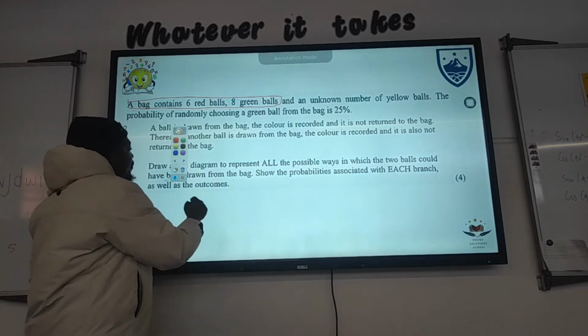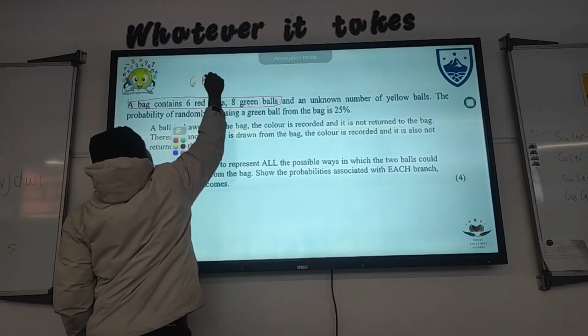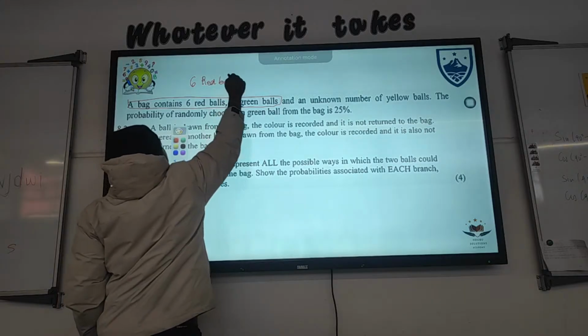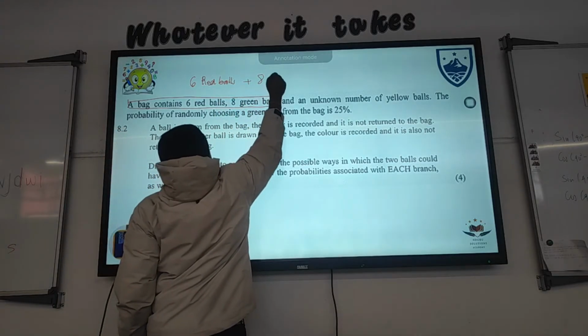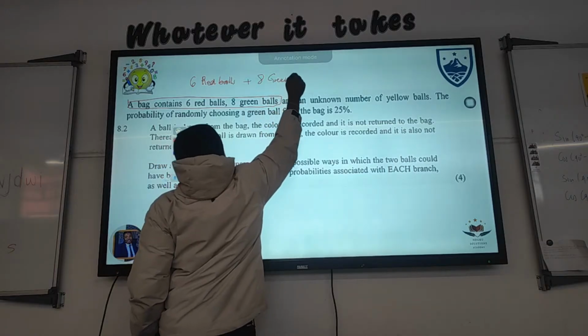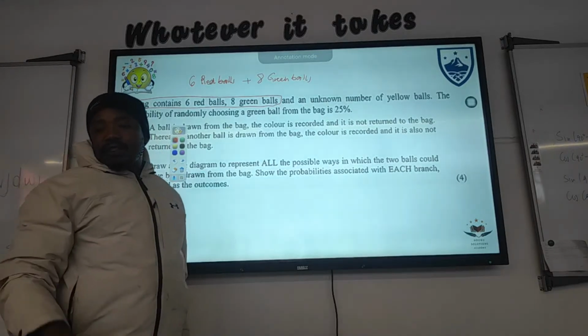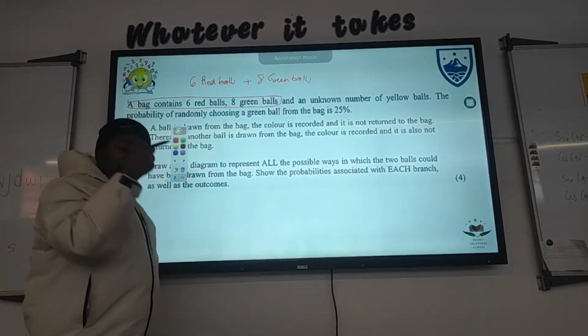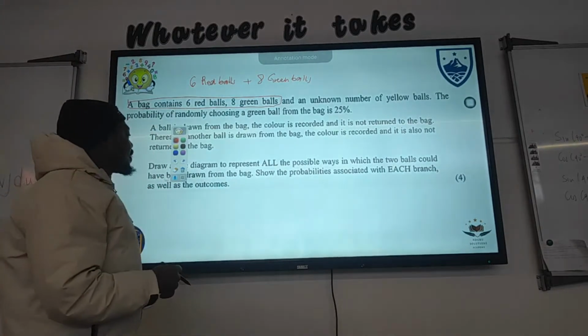So I have 6 red balls and then I have 8 green balls. Firstly, I'm going to withdraw the ball and then put it back.